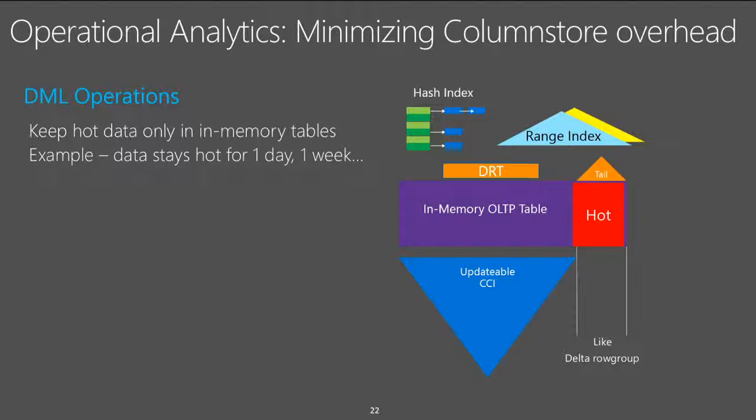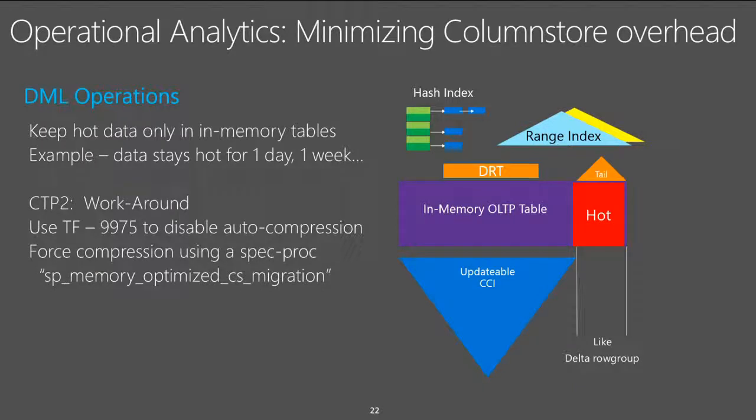So if you knew that, you could play around with some options, and I'm going to tell you some options. This is a workaround in CTP2, and we are working to provide an option at the table level to say my data stays hot for a certain duration, okay? So what you can do right now is use trace flag 9975, which will disable auto compression, okay?